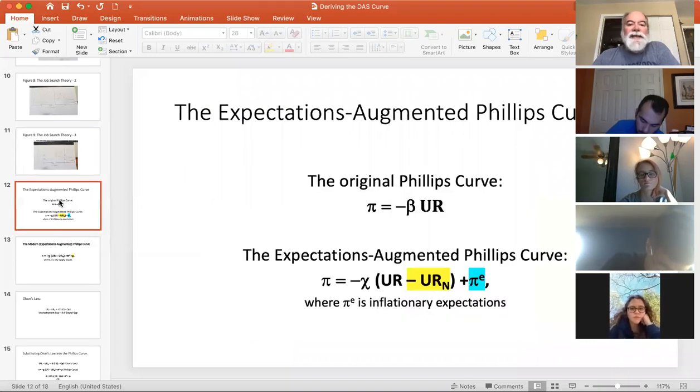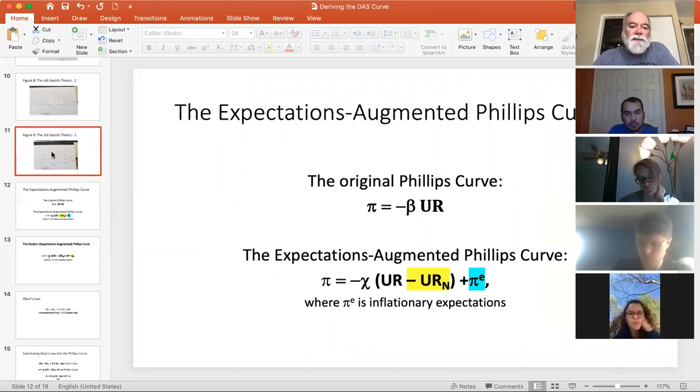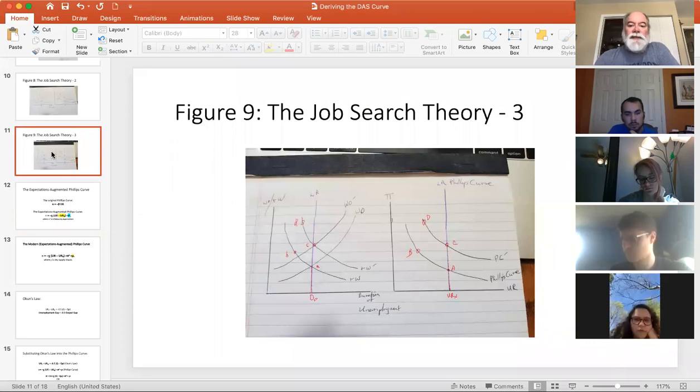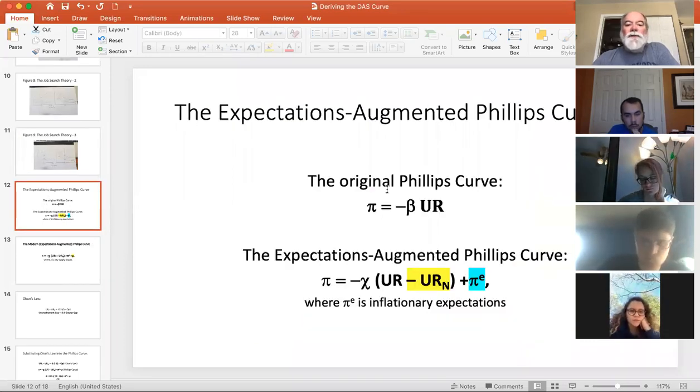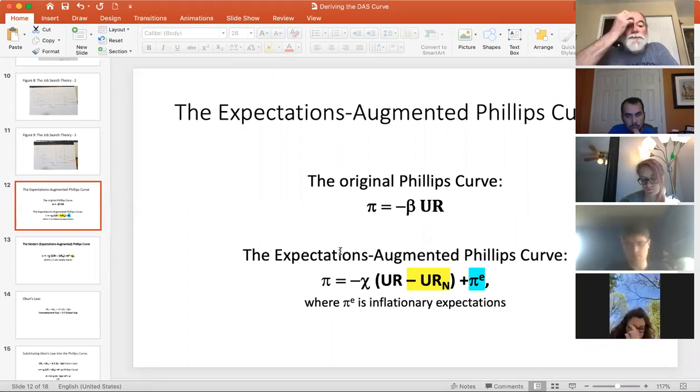So this is the expectations-augmented Phillips curve, which is the result of the job search theory here. So let me show you. The original Phillips curve was the inflation rate is negatively related to the unemployment rate. The expectations-augmented Phillips curve takes that a step further in two ways.